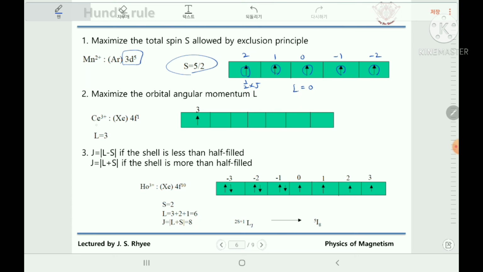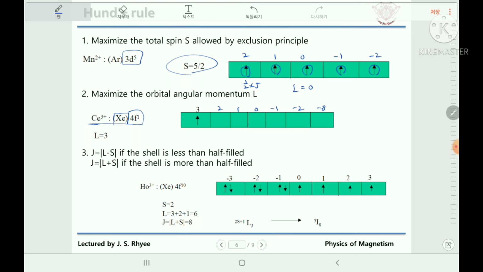In the cerium 3+ case, the valence electron configuration is exactly the same as xenon, and the outer shell has 1 electron in the f shell. In this case, f means L is 3, 2, 1, 0, minus 1, minus 2, minus 3.